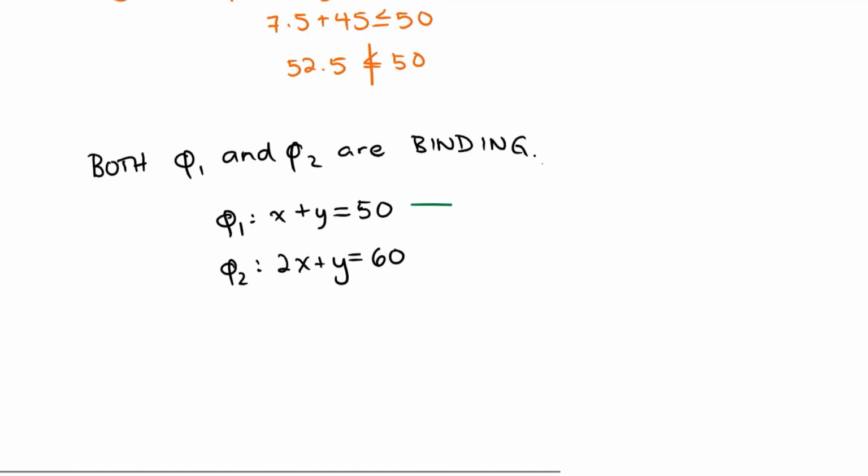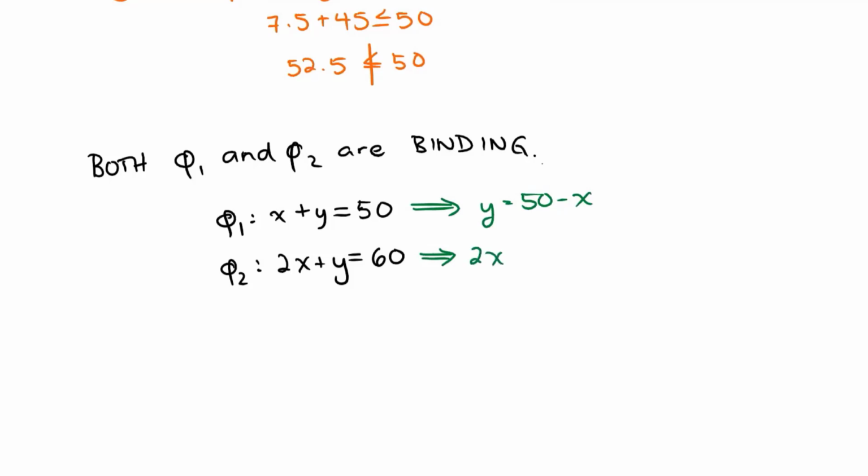For the first equation here, I have y is equal to 50 minus x. For the second equation here, I can substitute that in. I'll have 2x plus y, where y is 50 minus x, is equal to 60. So this gives me 50 plus x is equal to 60.